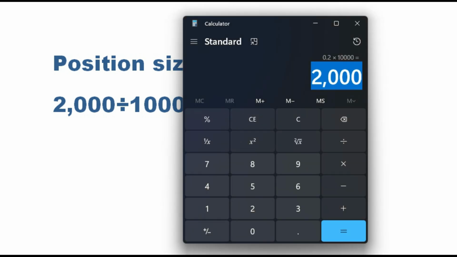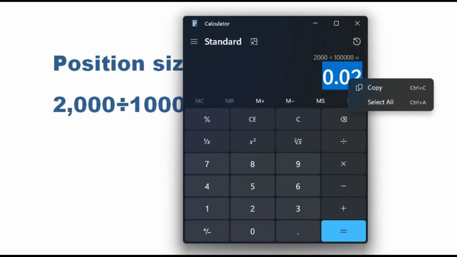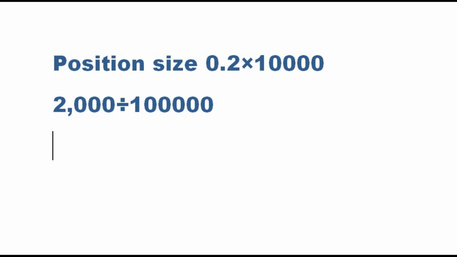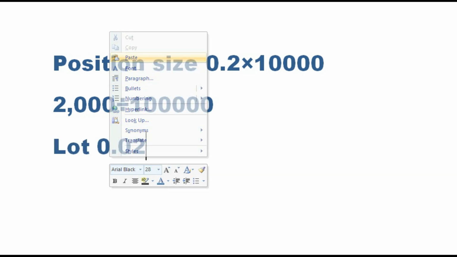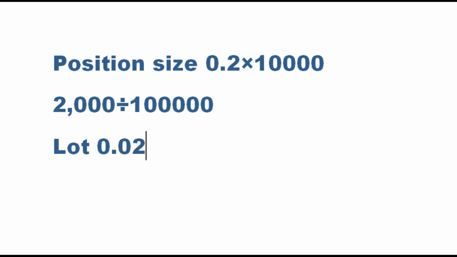The value you get here is 0.02. That means in your MetaTrader 4 with your broker, you need to drop a lot size of 0.02. In the next video, we're going to be talking about leverage.